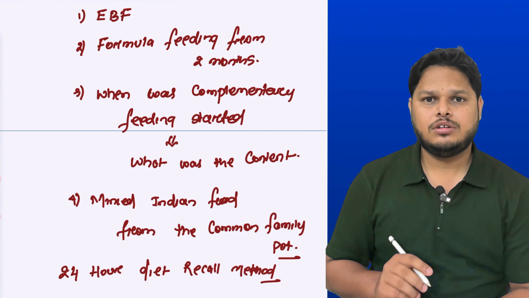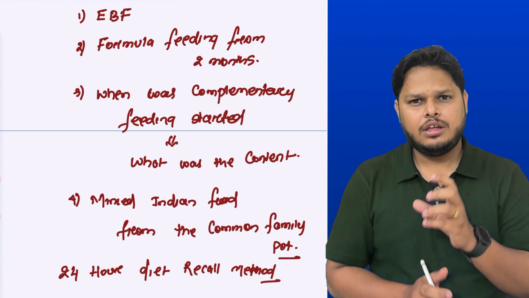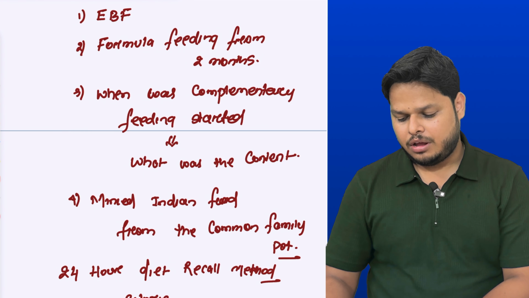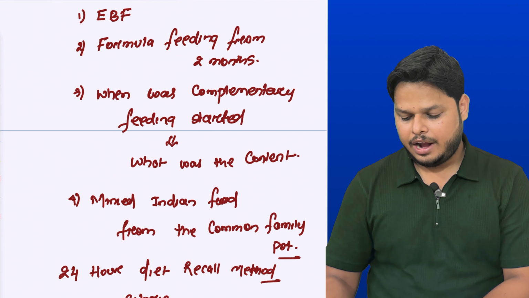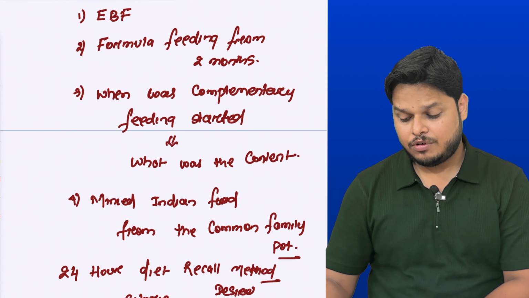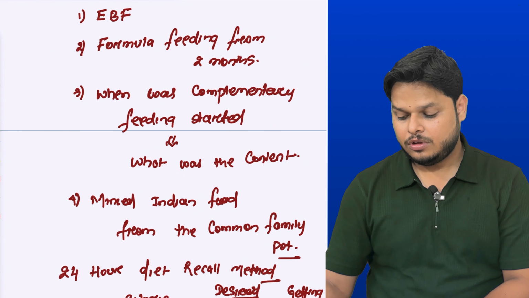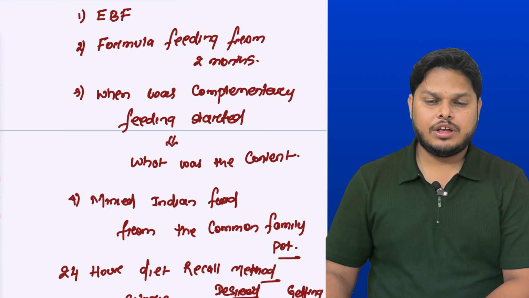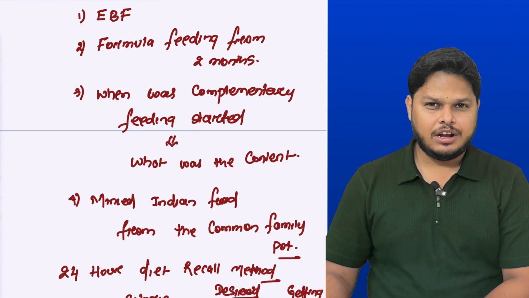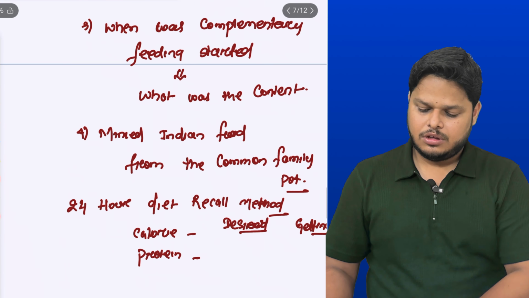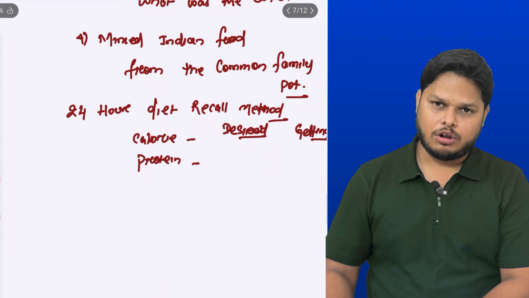There is a chart in which all the foods are listed, all the quantity and the calories are listed. We calculate that and we estimate the amount of calorie and protein that is needed for the child, desired, and the child is getting. So we calculate whether the child is on a calorie deficit or not. We calculate whether the child is going towards malnutrition, whether the child is going towards obesity. We calculate all that in a 24-hour diet recall method.